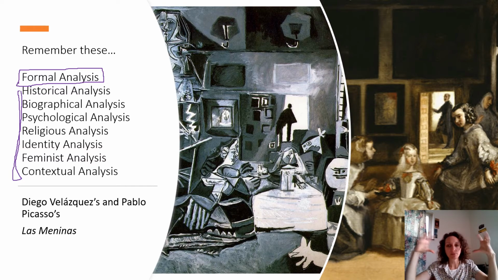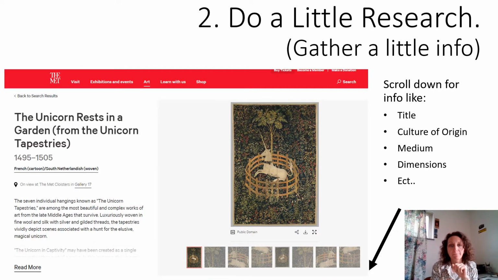So remember, the meat and potatoes of the essay is the formal analysis, and then I just want you to touch on this other stuff, right? There's lots and lots of information for you to gather from the Met that could provide you a lead for your contextual analysis or historical analysis or whatever direction you're going in.